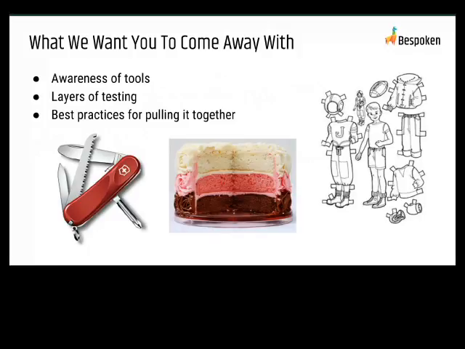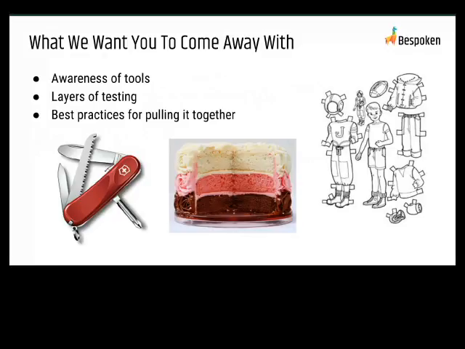We want you to keep in mind the different layers of testing, represented by that little cake you see. We see manual testing, automated unit testing, and automated end-to-end testing all as essential components of building great voice apps.